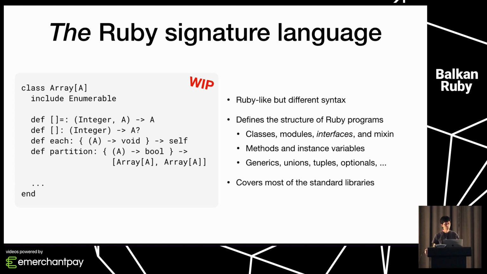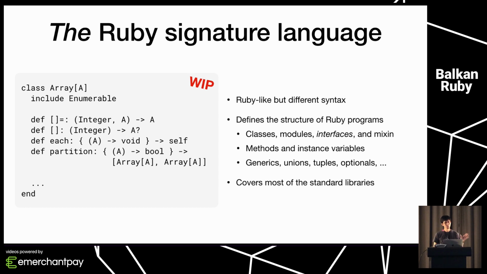This is an example of the Ruby signature language. It has no name yet. It looks a bit like Ruby: we have a class, some mixins, and a method declaration with the def keyword, but the syntax is different. It's another language from Ruby. It defines the structure of Ruby programs, so we have class declarations, module declarations, and interface declarations.